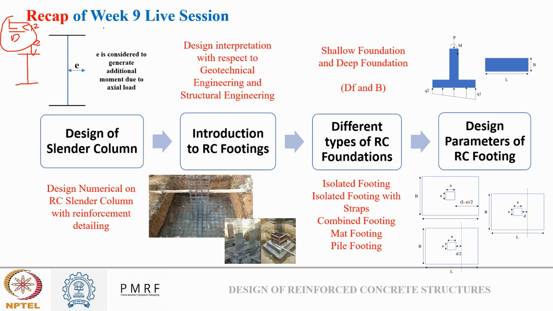But when we talk about slender column, the ratio of length to the lateral dimension is greater than 12, and in such cases, due to axial load also there is deflection in the column, and this deflection is significant enough to generate an eccentricity which can cause its own moment that needs to be considered. So we saw how this moment is calculated, and then we did a numerical on it to design an RC slender column, along with understanding the reinforcement detailing.